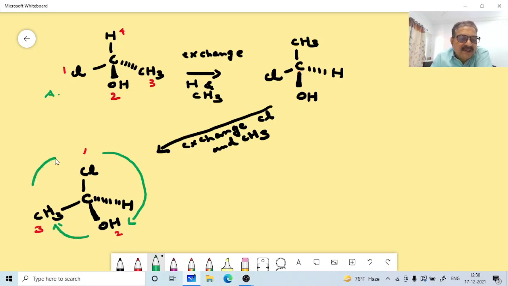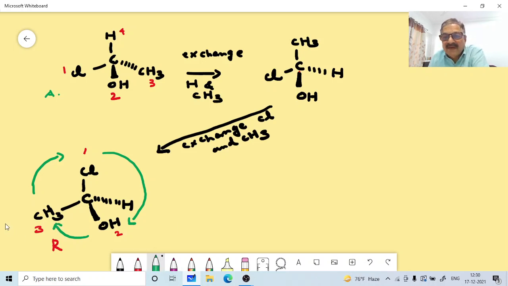This is how we have to circle. Like this, if you are tracing a circle here, the configuration will be R. This is R because it is in the clockwise direction. That is priority 1, 2, 3. It is going in the clockwise direction. Therefore, here the designation will be R.